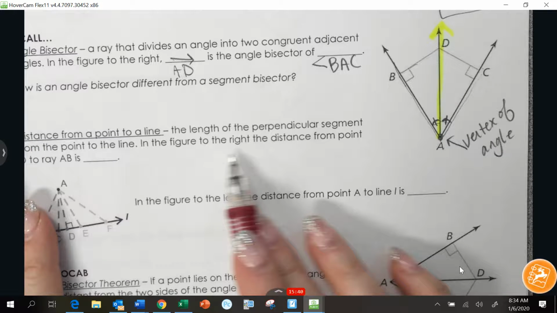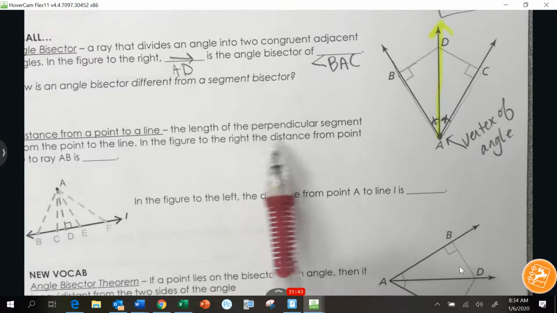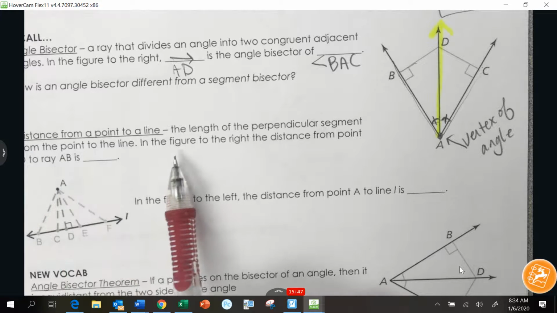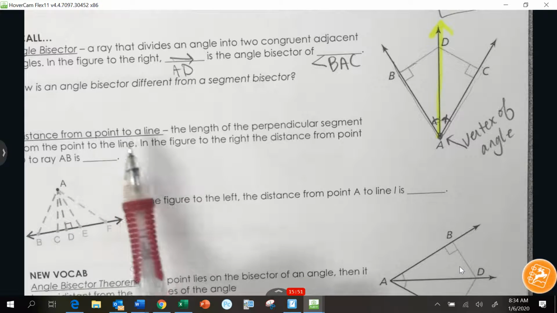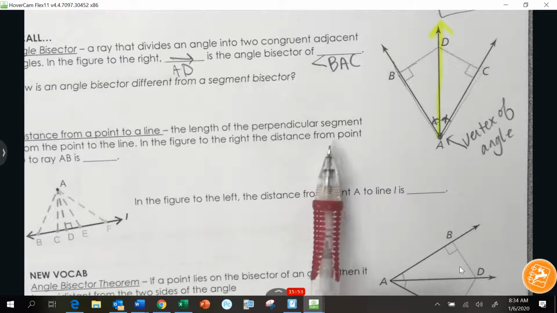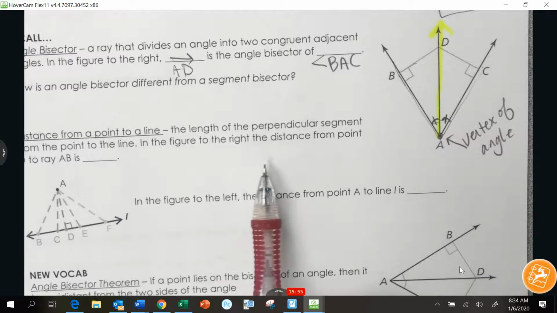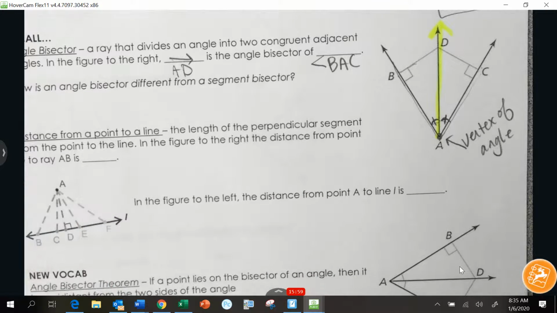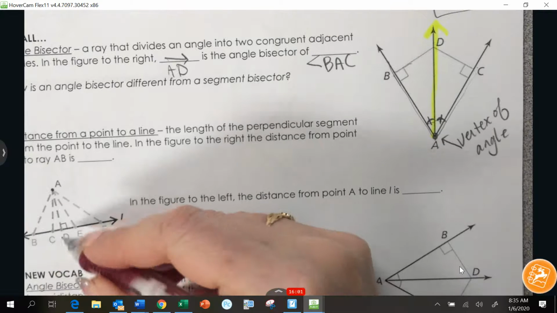Distance from point to a line, this is something we covered last semester. The distance from a point to a line is the length of the perpendicular segment from the point to the line. In the figure to the right, the distance from point D to ray AB.